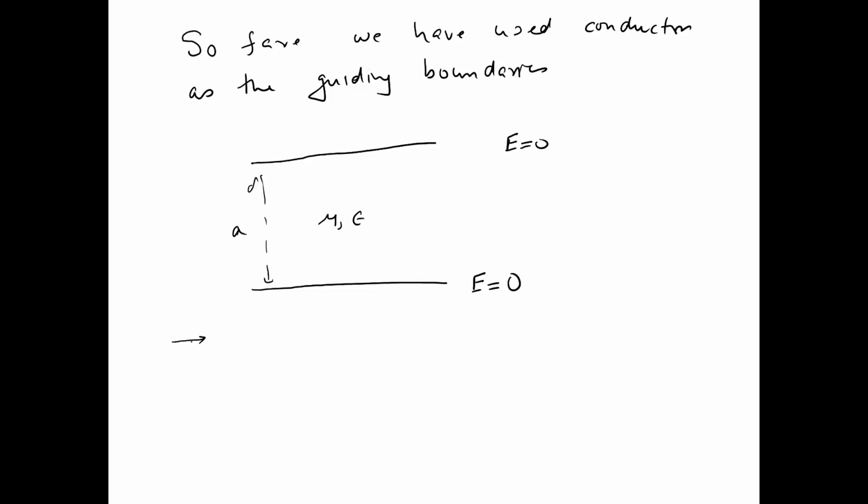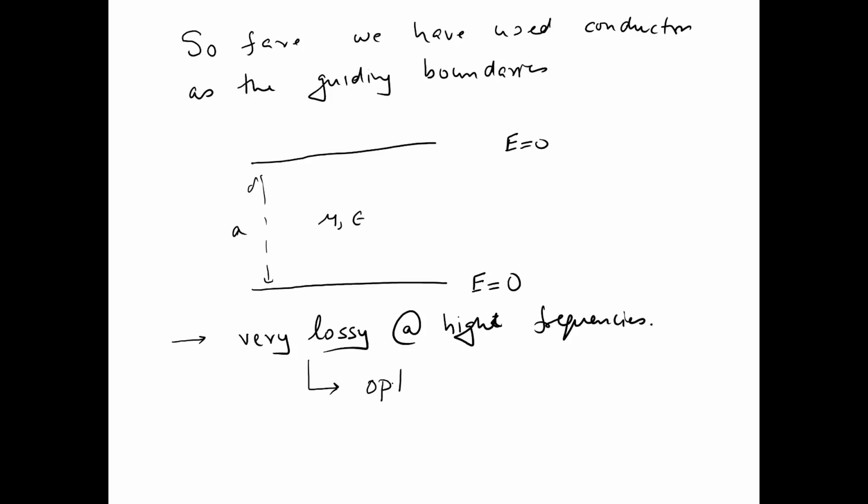However, these conductors become very lossy at high frequencies. You know that the sigma of the conductor keeps on decreasing as you go to higher and higher frequency. So the conductors become very, very lossy at high frequencies, especially in the optical domain, even in the terahertz too.